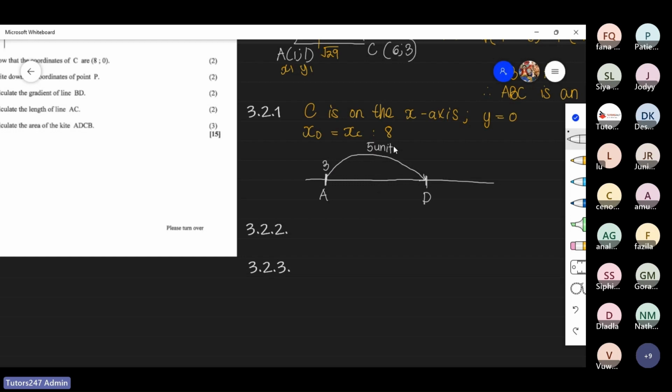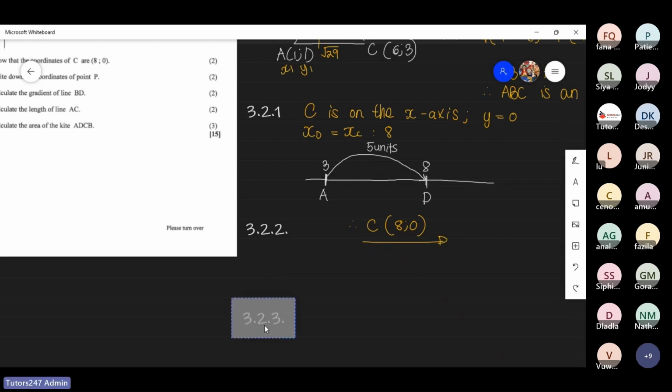It's a distance of 5. If you move from 3, you jump 5 spaces, are you not ending up at 8? So that's the logic behind that question. You can therefore conclude that the coordinates of C are 8 and 0. That's all you needed to do.